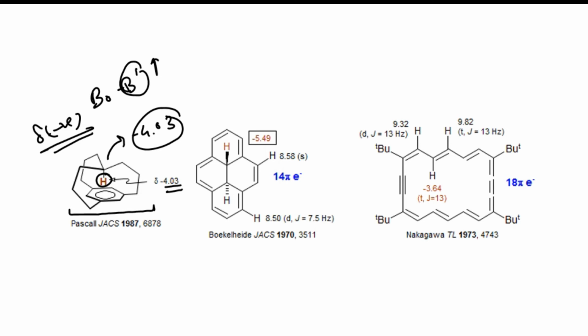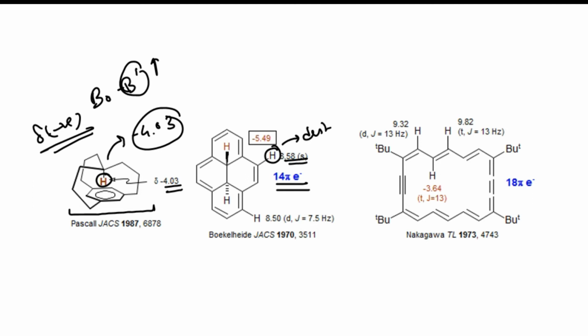Now this is another aromatic molecule. You can count that it is a 14 pi electron system, and it is also planar and conjugated. That's why this is an aromatic compound. Now we can see there is a hydrogen in the periphery of this aromatic compound, which has a very deshielded value of 8.58. This is okay because it should be in a deshielded region.